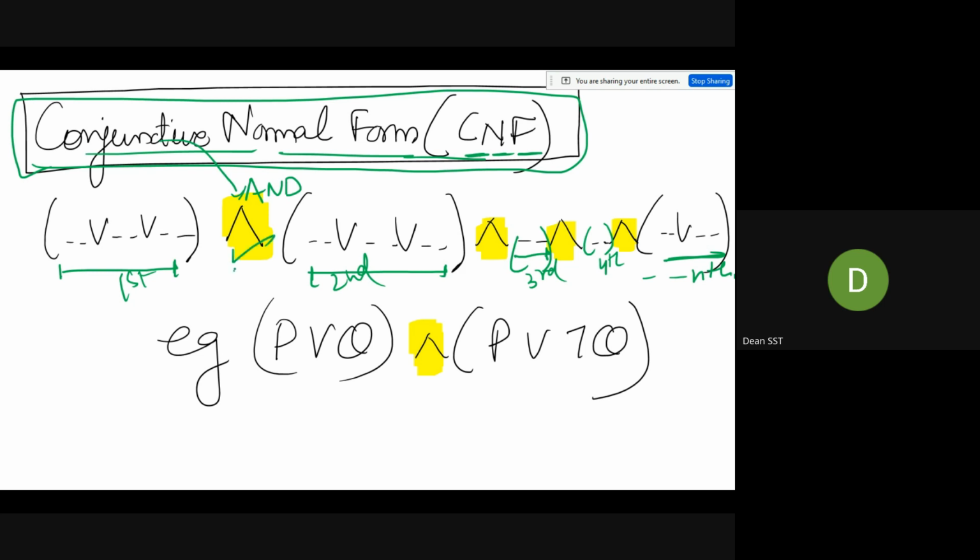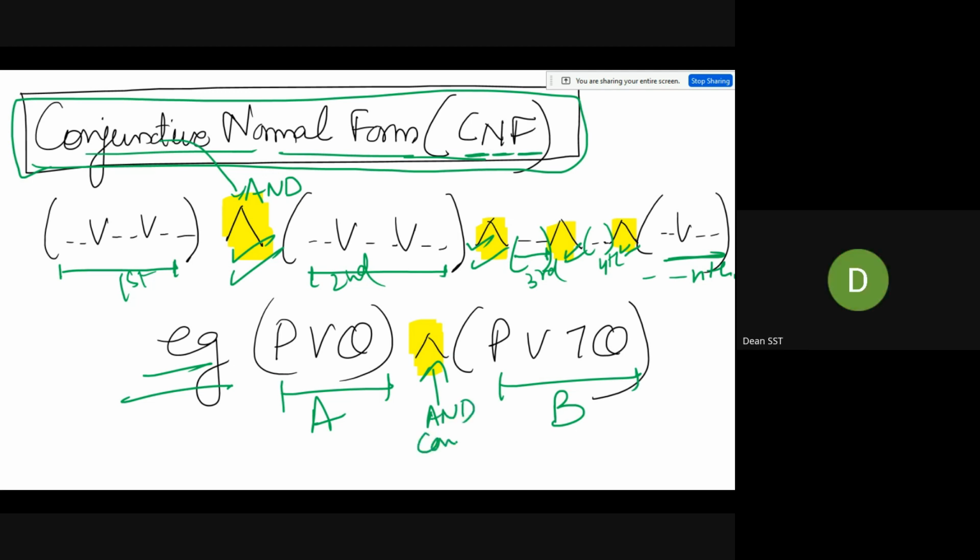Which symbol is combining? And. For example, this is expression A, this is expression B, and which symbol is combining them? And, or conjunction. So you can easily identify that this expression is in conjunctive normal form, CNF.